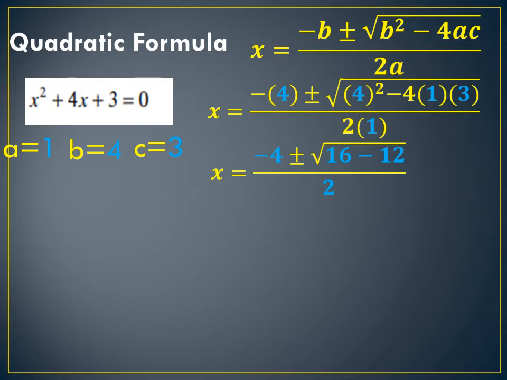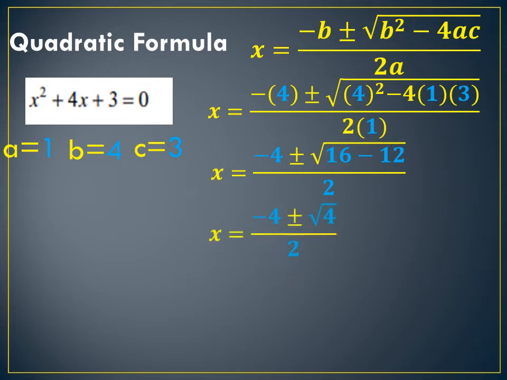We can easily know whether it is negative or positive depending on the number of negative signs inside the radicand. So we have here 1 negative, it is negative 12. If you have 2 negative numbers, it becomes positive. Later you will know that. Then this is over 2 times 1, 2.